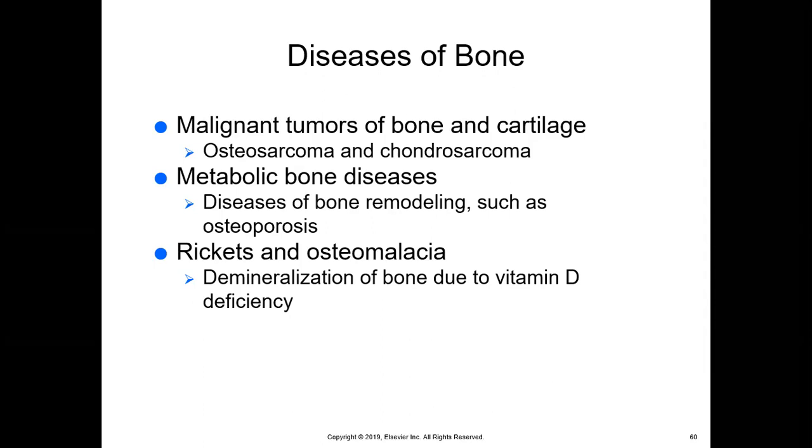Someone with osteoporosis has bones that fracture very easily. And know what rickets is: demineralization of the developing bones in young children, even before they have skeletal maturity.